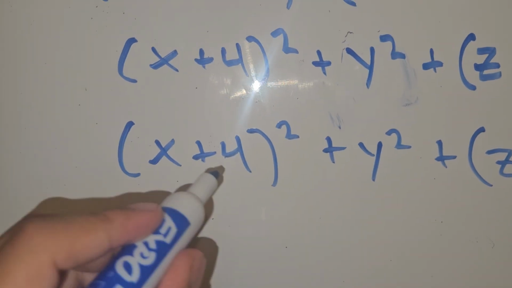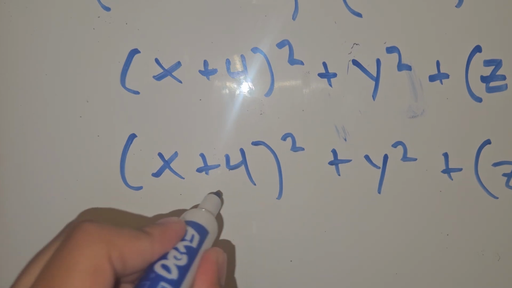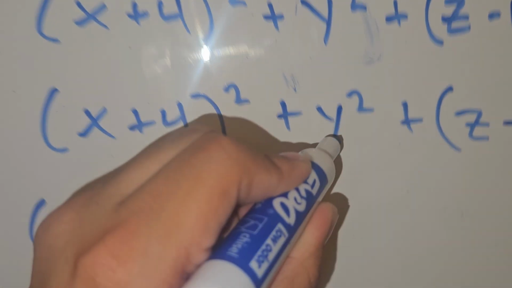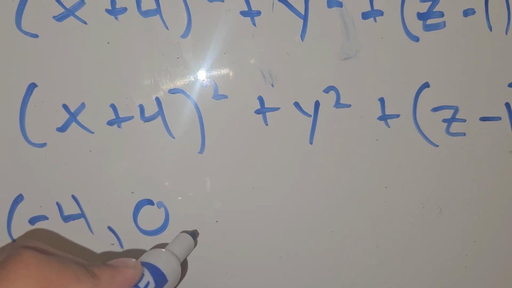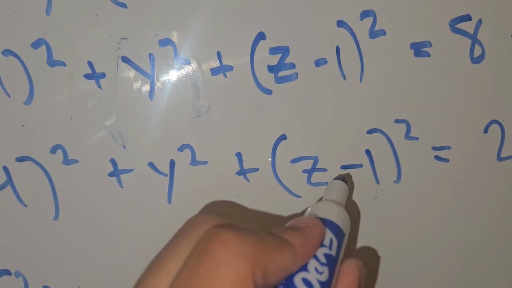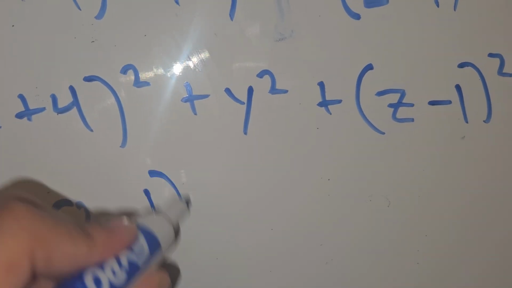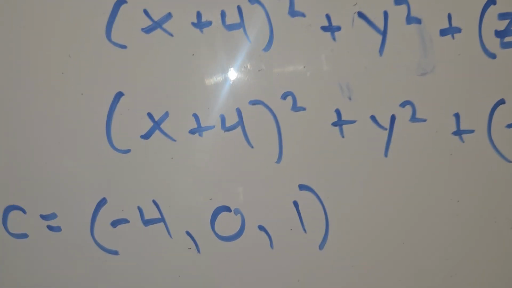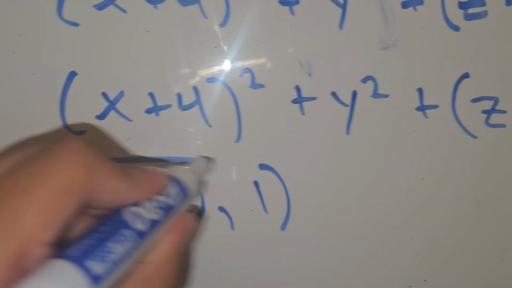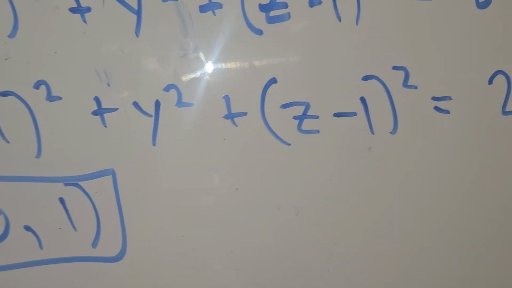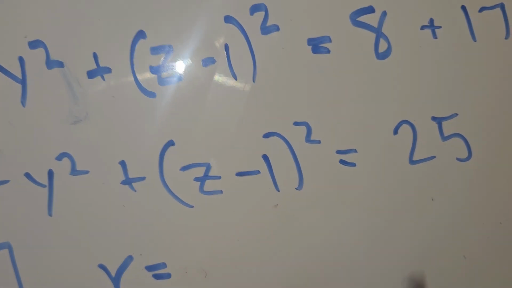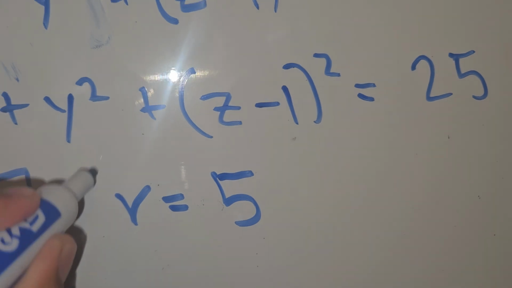So our center is going to be negative 4, 0, and positive 1. This is your center. And then your radius, just take the square root of that, that's going to be 5.